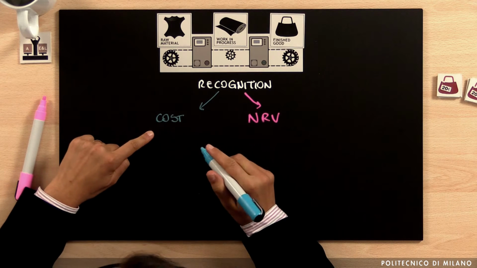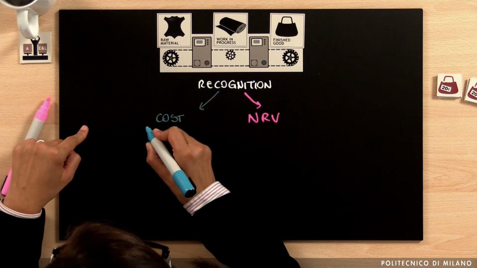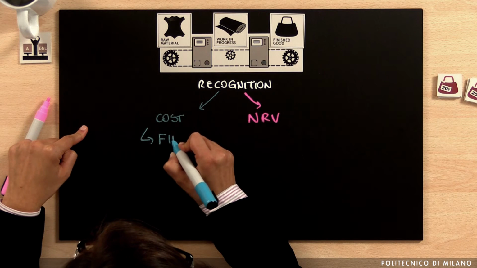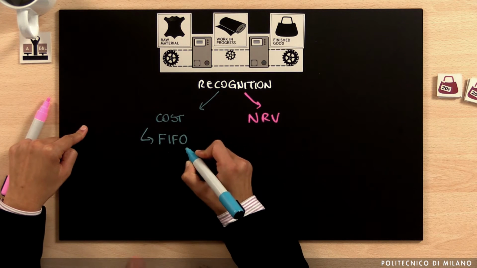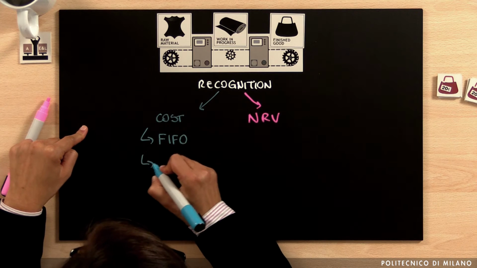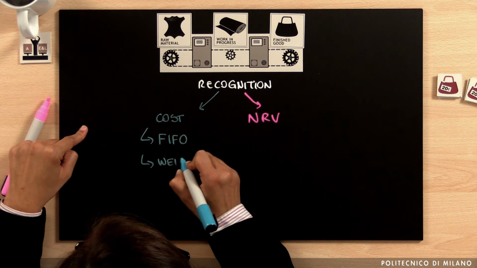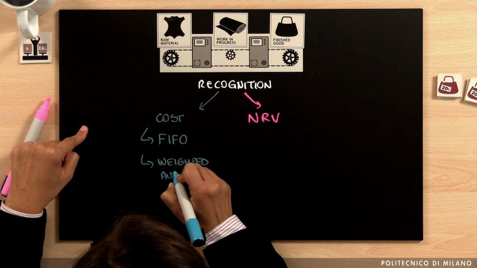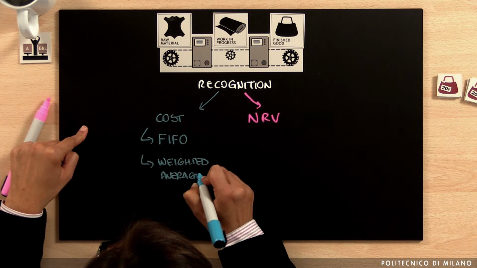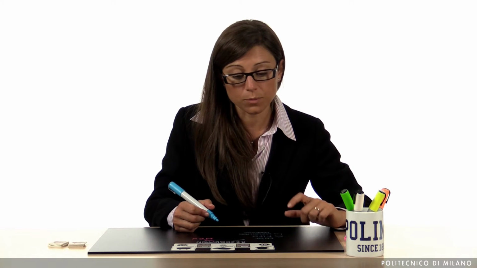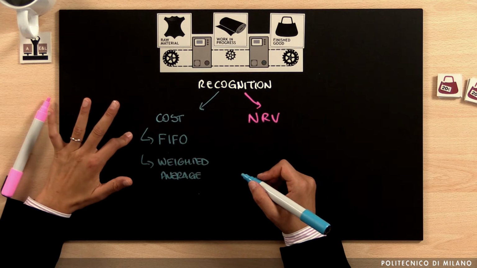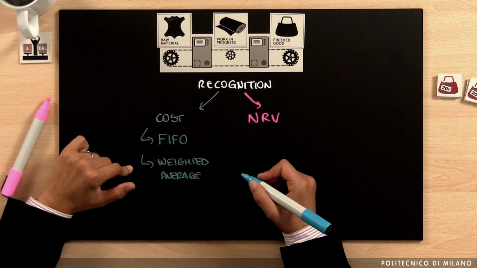And if we adopt a cost approach, it is possible to evaluate the inventories by adopting what is defined as first in, first out approach, or by adopting what is defined as weighted average. The idea is always the same, to evaluate the amount of resources that has been absorbed by the inventories over the financial year, but the approach that is adopted specifically for calculating the value of the resources changes, moving from the first in, first out approach to the weighted average.